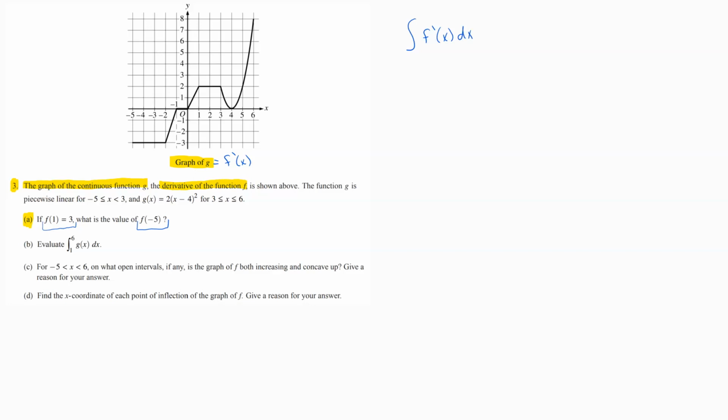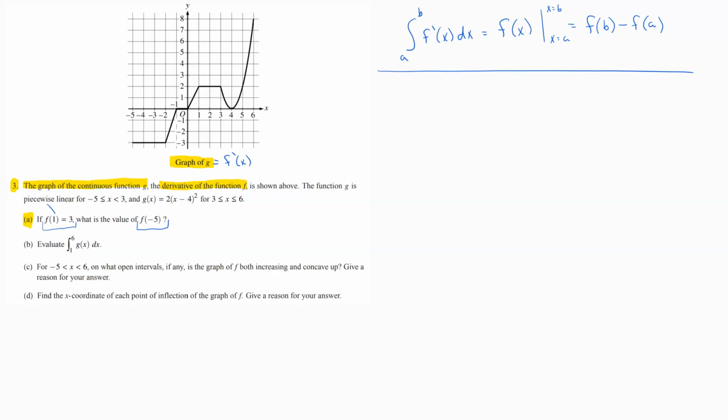And if I have bounds on here, so if I go from a to b, what I get out is the original function, evaluated from x equals a to x equals b. From there, we plug in those values, top minus bottom. You would plug b into that and subtract off a plugged into it. So we're going to use that idea to find our value on this problem.